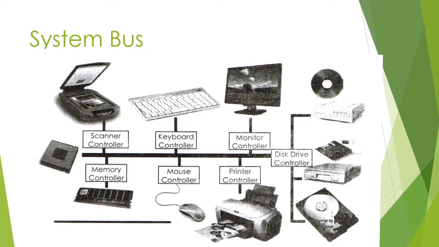And then we have different controllers, and a line in the middle. What does this one line signify? Basically, all of this hardware communicates through a single line of communication, and all of them are connected to our motherboard.